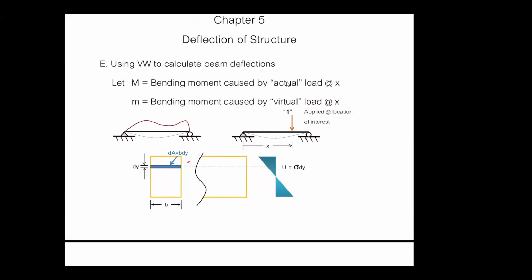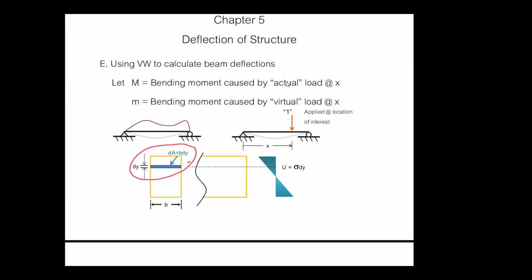It's not as discrete as in the truss where you have members discretely, so you can directly calculate the internal work of each member. But in the beam, it becomes a section. So we need to start off by, let's use this color, by looking at the small portion of the beam.